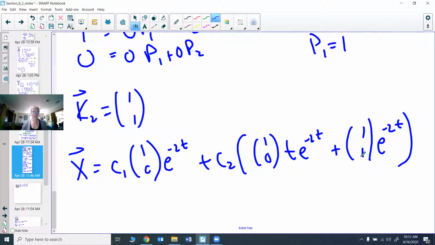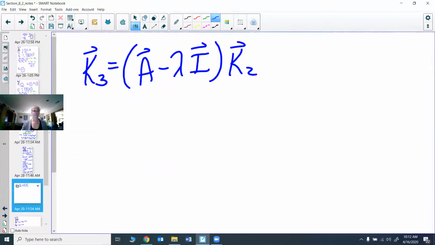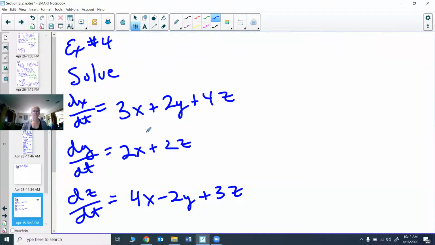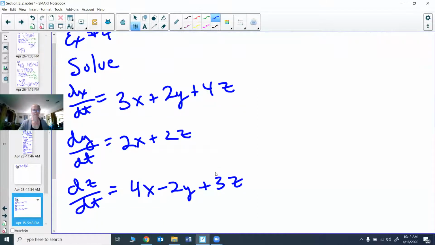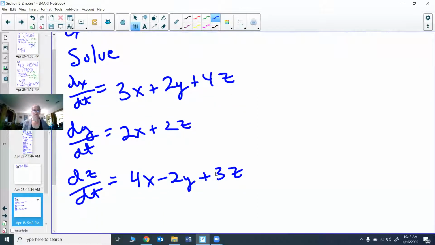Let's do one more example. So this time I want to solve this problem here. This is actually a three equations and 3 unknowns problem. So this is a system with 3. Again, it helps to write out what your A matrix is.